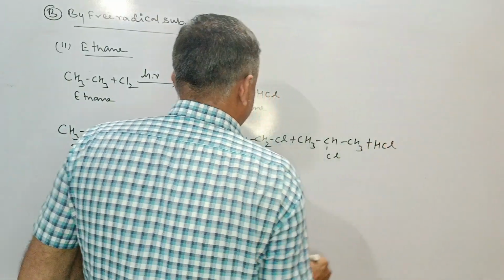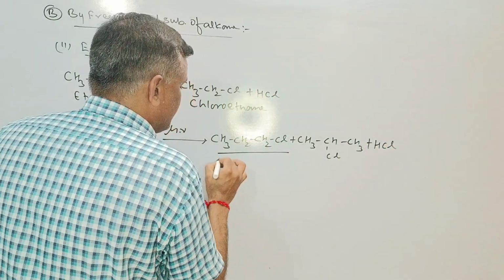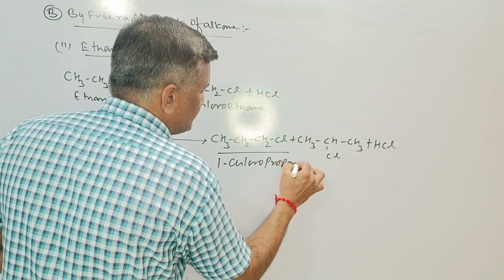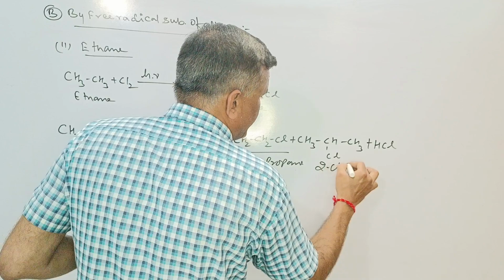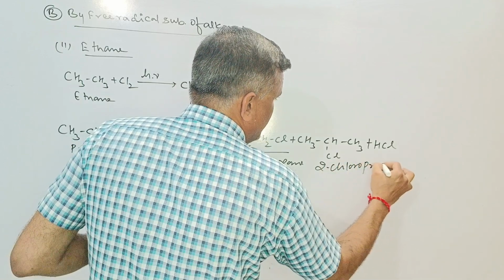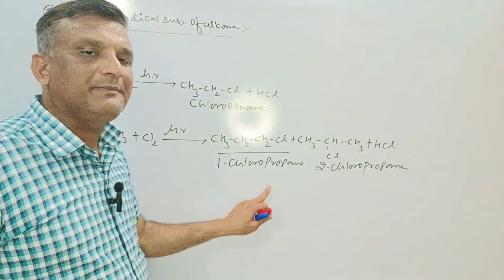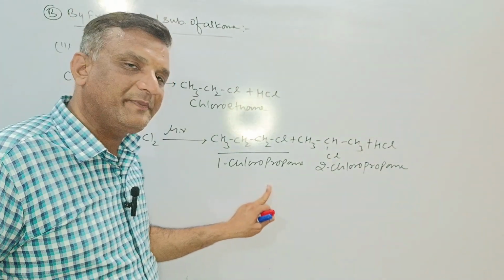This is 1-chloropropane and this is 2-chloropropane. This was your important part regarding propane.